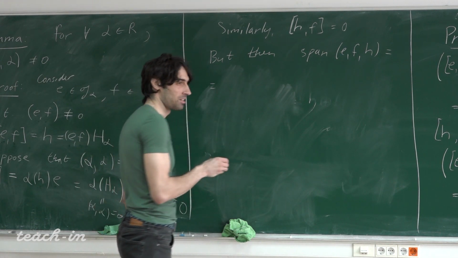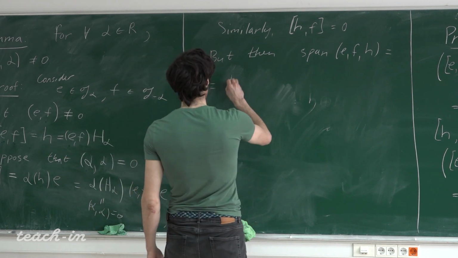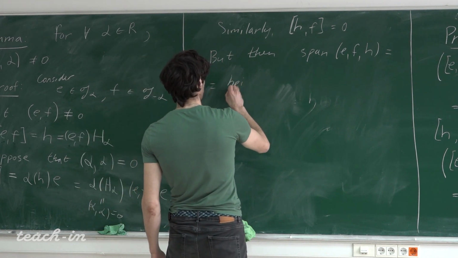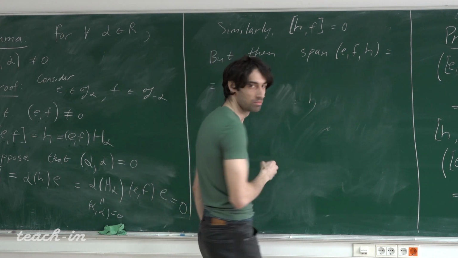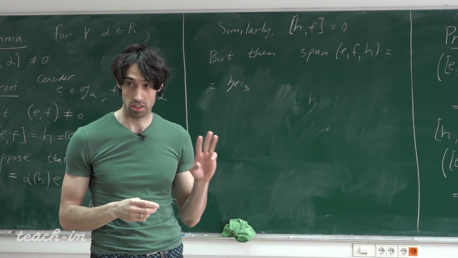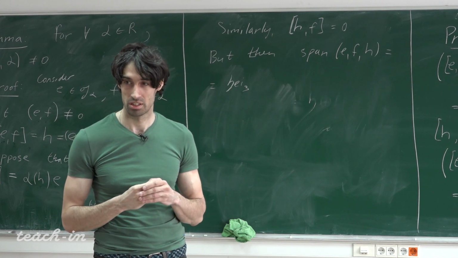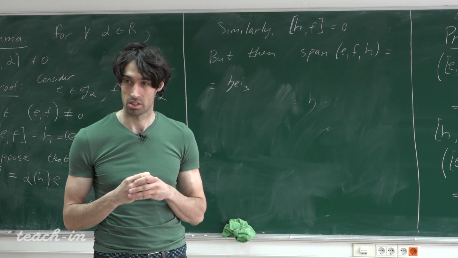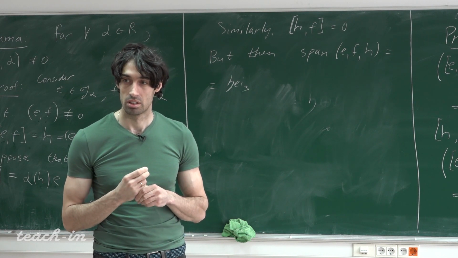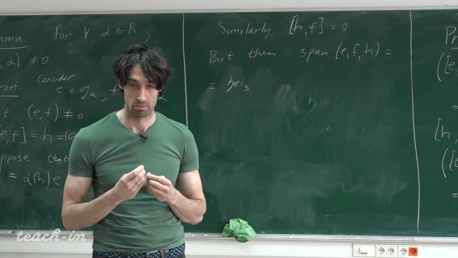So I am assuming something bad. Regarding the center, this one is three-dimensional with a one-dimensional center. Even with this commutation relation being zero, it's three-dimensional.